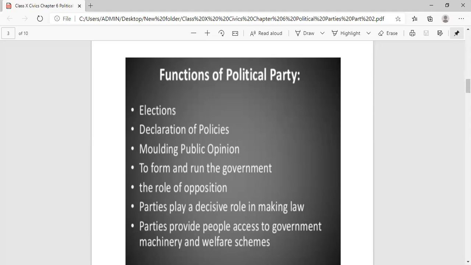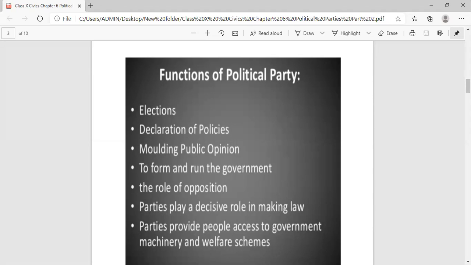For example, in the current scenario, the ruling party is BJP, and the opposition is under the leadership of Congress. Congress is the leader of the opposition, plus other parties, including Samajwadi Party, Trinamool Congress, Communist Party, and so on. All these parties, along with the Congress Party, under the leadership of Congress, form the opposition.